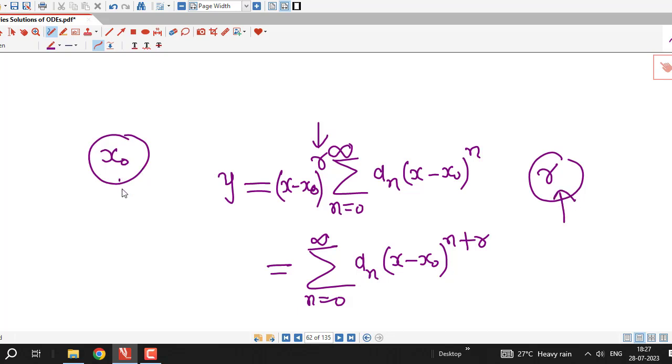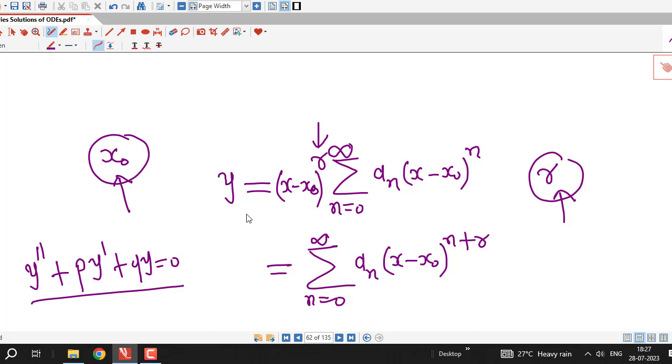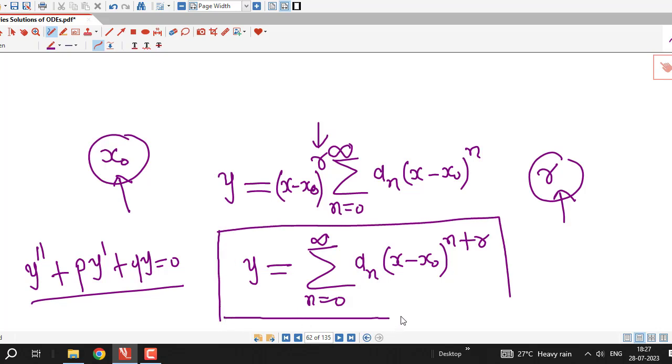So if x0 is a regular singular point of the differential equation y double dash plus p y dash plus q y equal to 0, then the Frobenius method says that there exists at least one series solution which can be represented in this form, where r is any real or complex number, and we will discuss how to obtain the values of r for this solution.